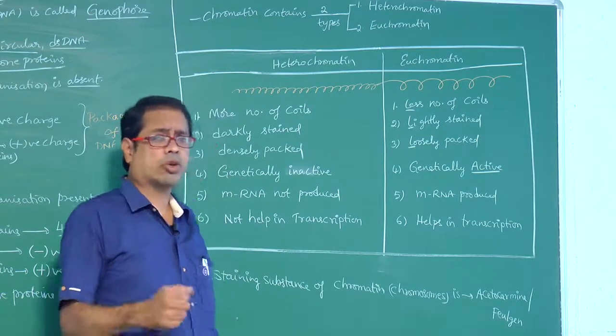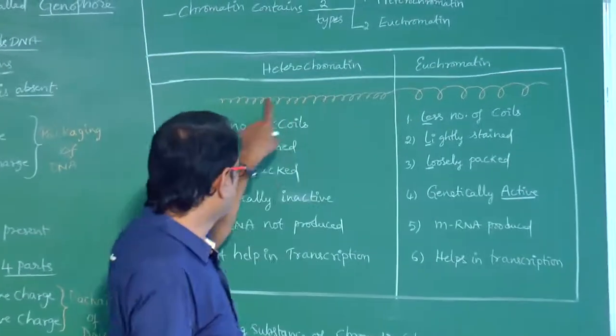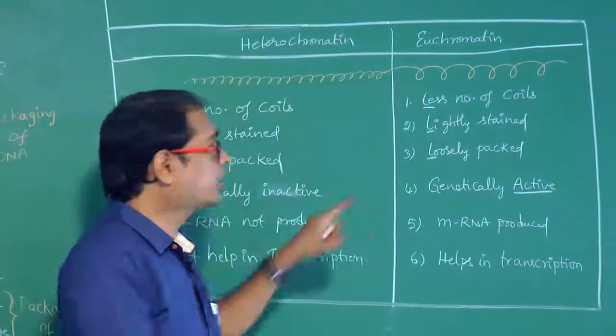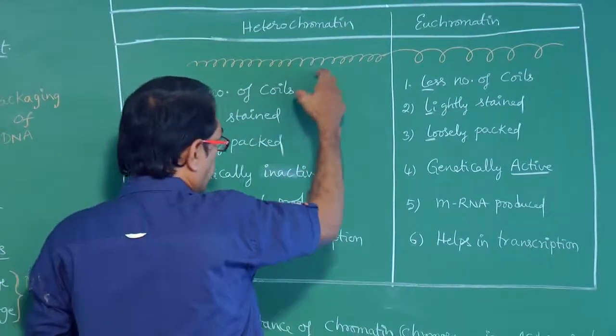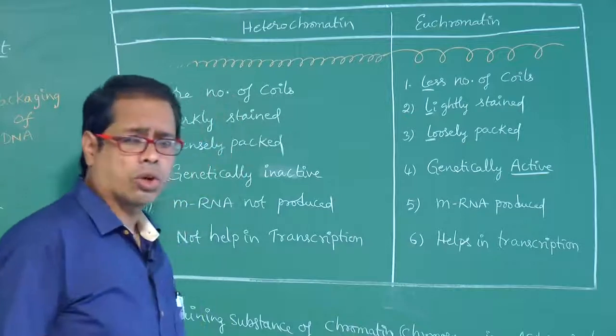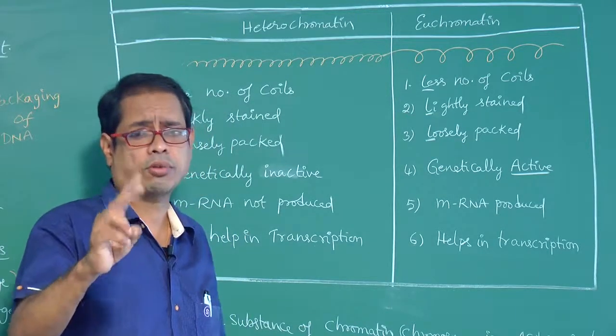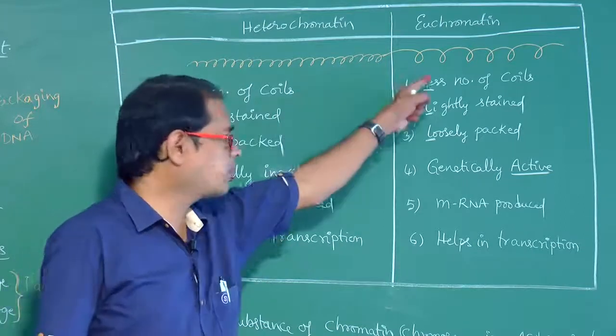See, this is nothing but chromatin. Here the chromatin contains more coils, and here fewer coils. So chromatin is distinguished into how many parts? Two parts: more coils, fewer coils.